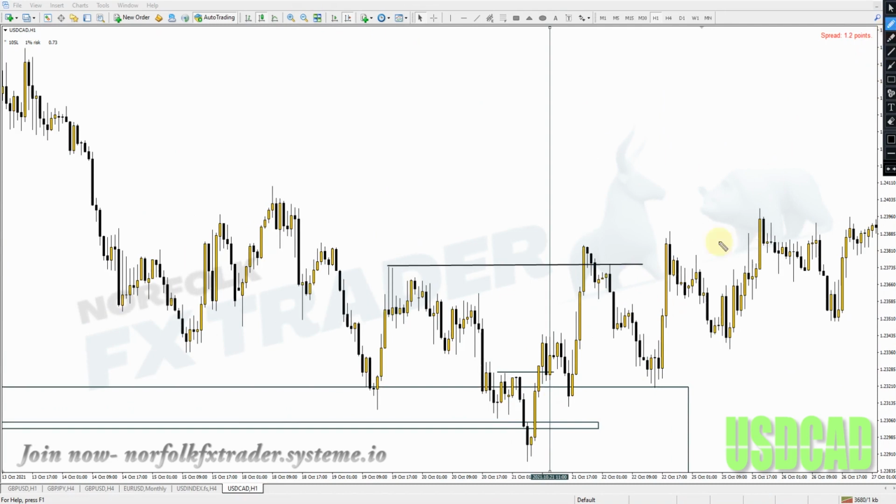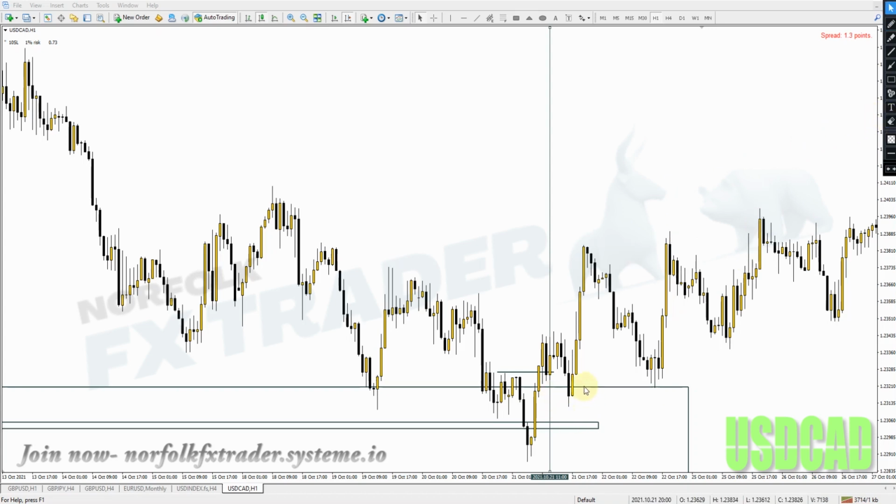Now you can see using this area of demand came in at the same area, so you could just go off this high as your first target and that would have been achieved. Now you're risk-free on that trade and you can let it run to that next potential target on the daily time frame. That's how you can actually bank those profits and start increasing your account.